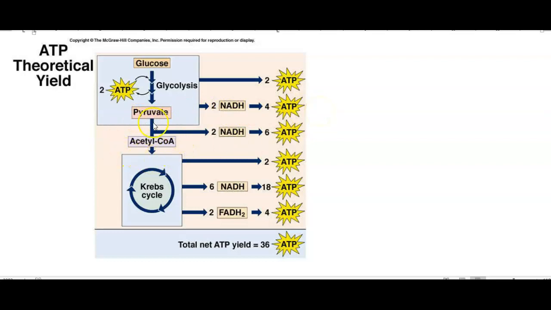Transition step, now we're in the mitochondria. All this pink stuff here is the mitochondria. 2 NADHs, 6. Krebs cycle goes around twice. These are the results of going around twice. 2, 18, 4.